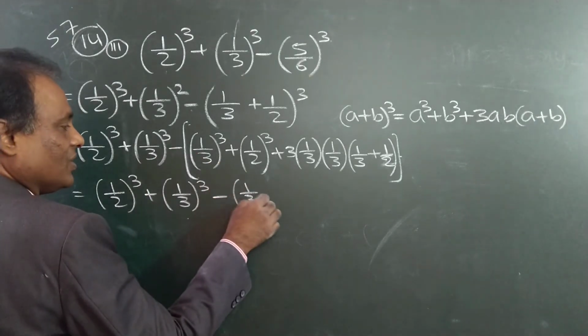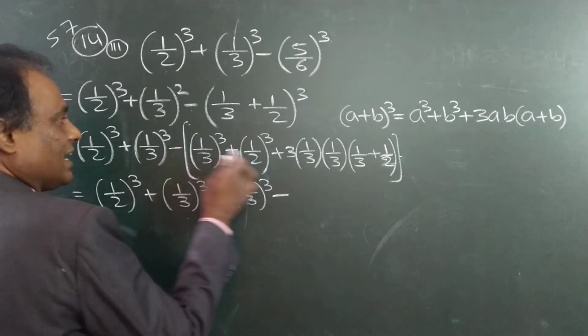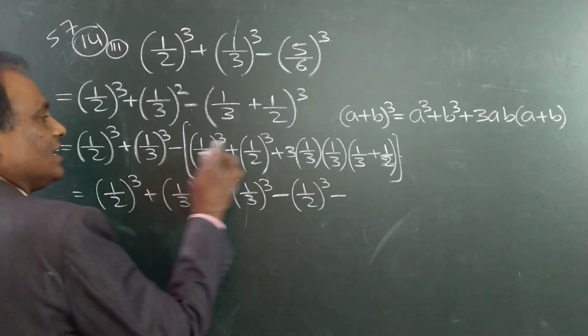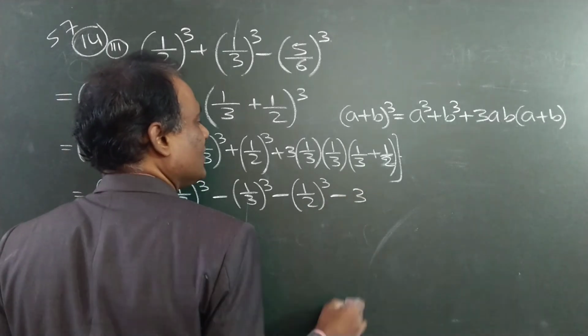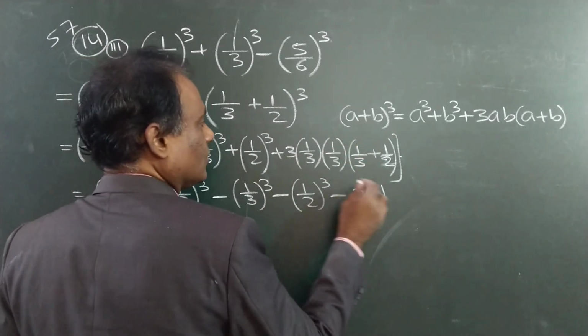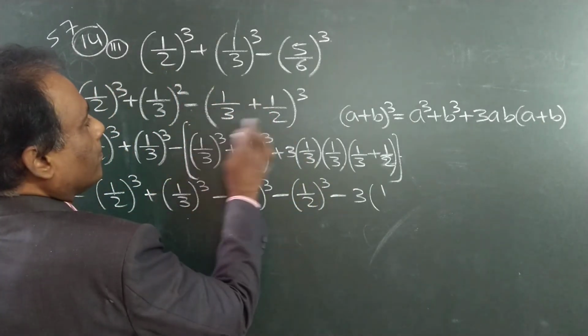Minus 1 by 3 whole cube, minus 1 by 2 whole cube, minus into plus, minus 3 into 1 by 3 into 1 by 2, into 3AB, no?